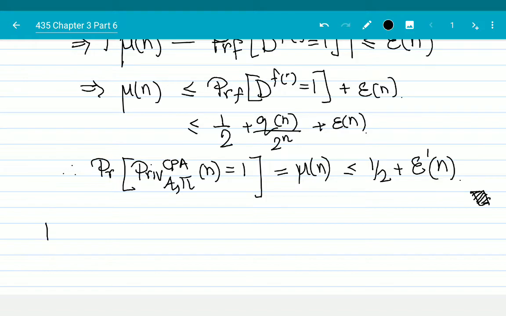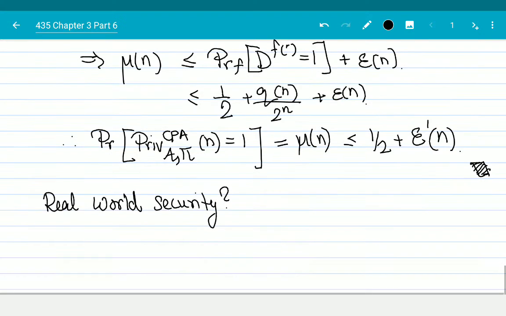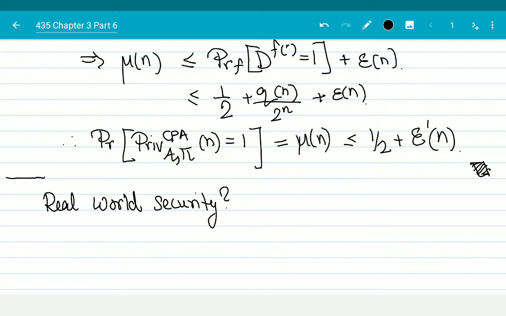What happens in the real world? Real world security. Okay? Well, I showed that computationally it's secure, great. What happens in the real world? Is it good or bad that it's computationally secure? Well, we have shown that the security bound is tight. We have shown that there is an epsilon prime of n, which is still a negligible function.